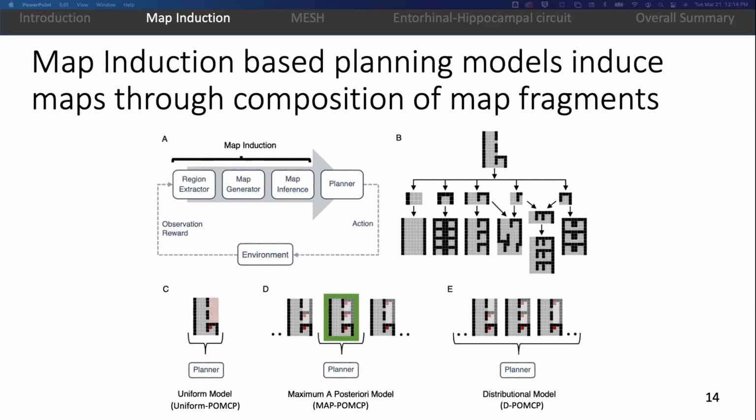So you can think of this as an unconstrained large distribution of maps. The maximum a posteriori model looks at these hypotheses generated by the map generator and picks out the most likely hypothesis. And the distributional model takes all of the hypotheses generated by the map generator and uses that to plan the next steps in the environment.